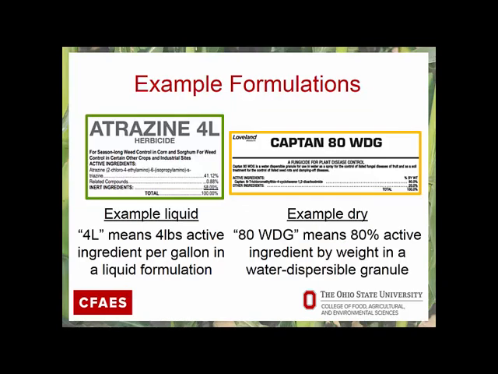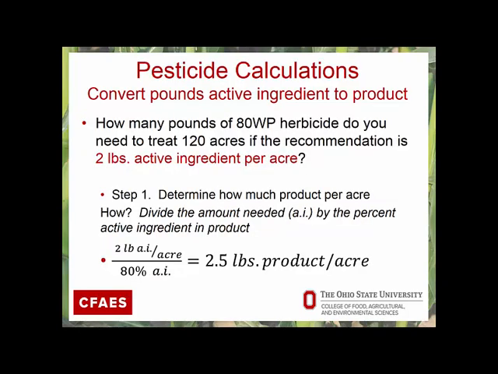Atrazine 4L, so the 4L means 4 pounds active ingredient per gallon in a liquid. And the Captan 80 WDG means 80% active ingredient by dry weight in a water dispersible granule formulation.